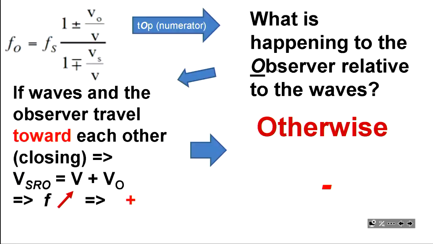For the observer, what do we do? Well, for the observer, we know that when observer and waves travel toward each other, the frequency goes up. Why? Well, again, what is the frequency? It's the number of pushes on the ear membrane per second.